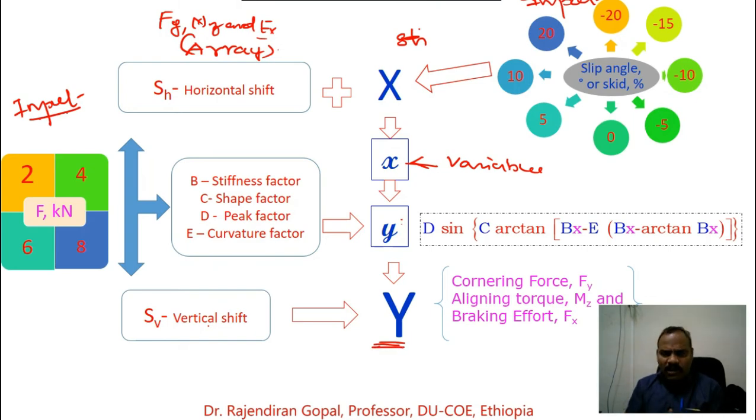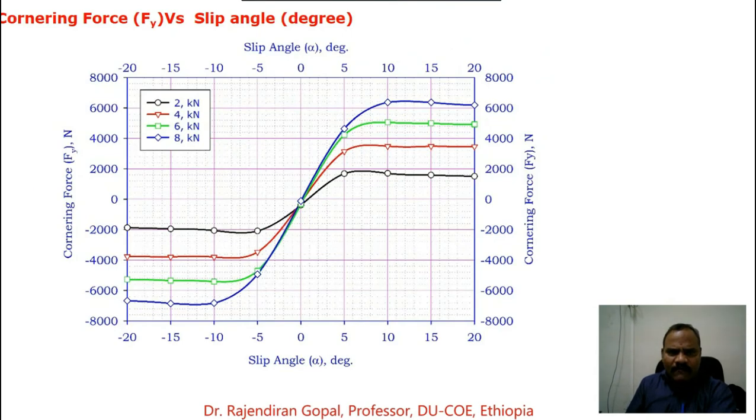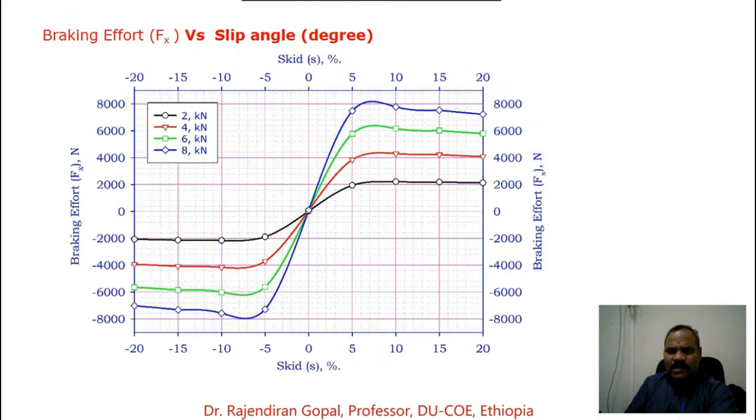When you are making the program, the output of the results in tabular form is given here. After these results, when you are plotting, we can get the output cornering force versus slip angle in degree. Here this one is 2 kilonewton, 4 kilonewton, 6 kilonewton, 8 kilonewton, and this one is aligning torque with the slip angle. Here is 2 kilonewton, 4 kilonewton, 6 kilonewton, 8 kilonewton. This one is braking effort versus slip angle, 2 kilonewton, 4 kilonewton, 6 kilonewton, 8 kilonewton.